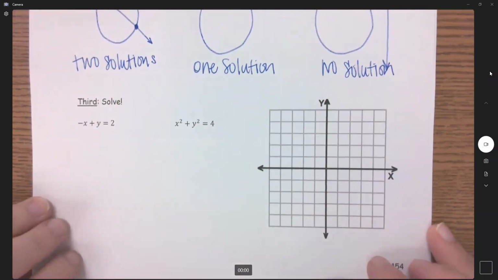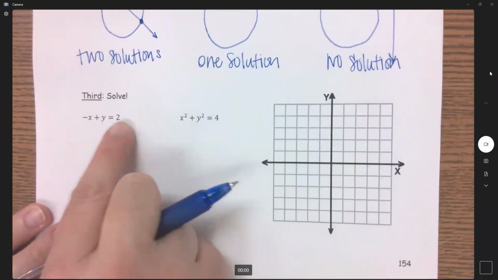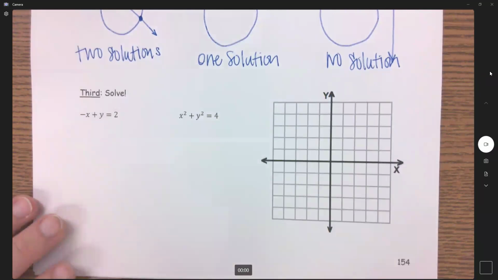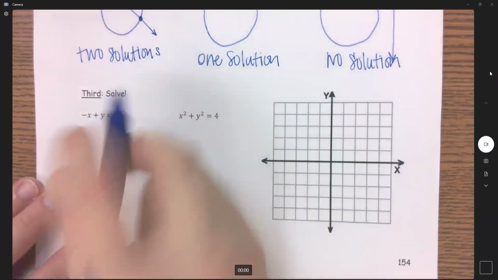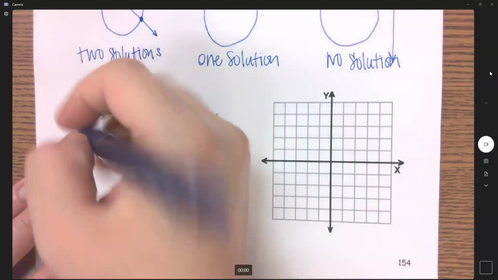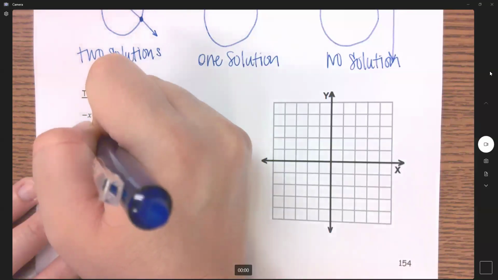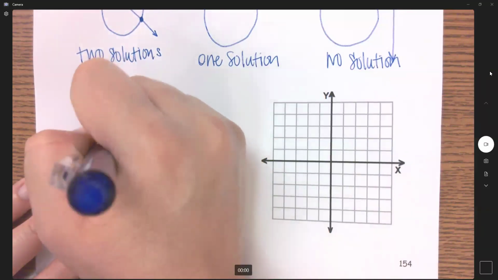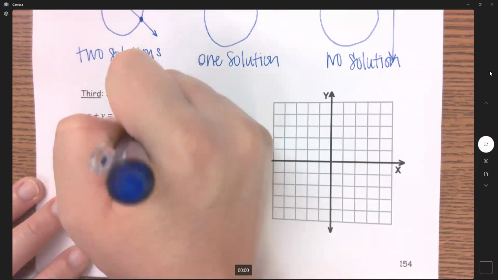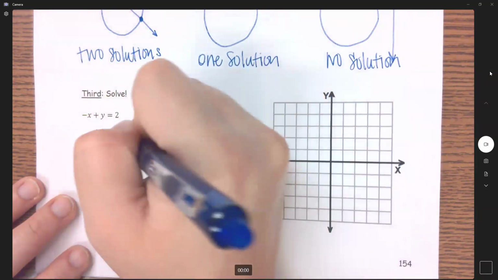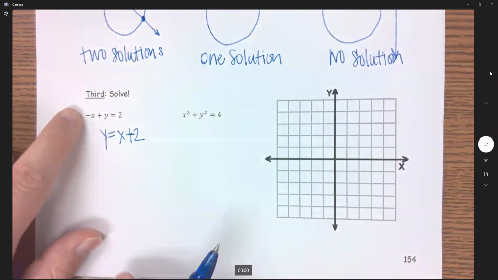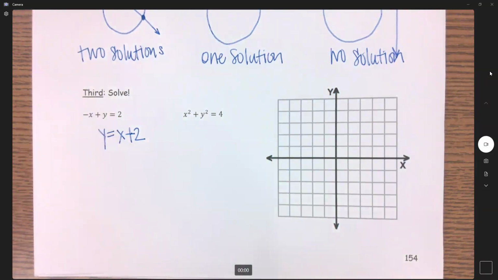So if we are solving by graphing, first, the easiest way to graph a line is to put it in y equals mx plus b form. So I want to solve this for y. And I do that by adding that x over.